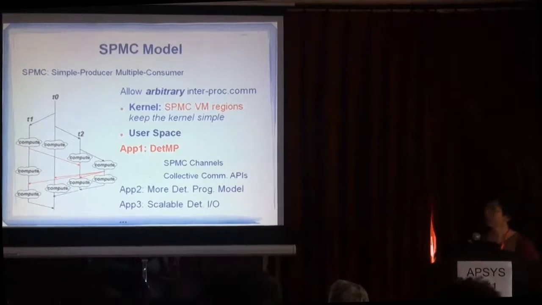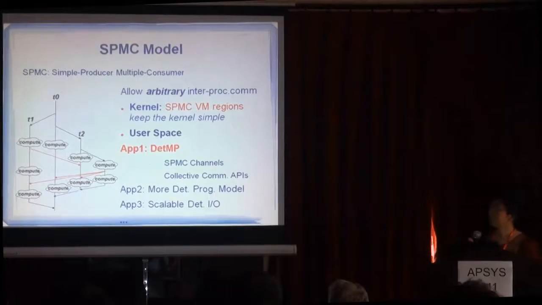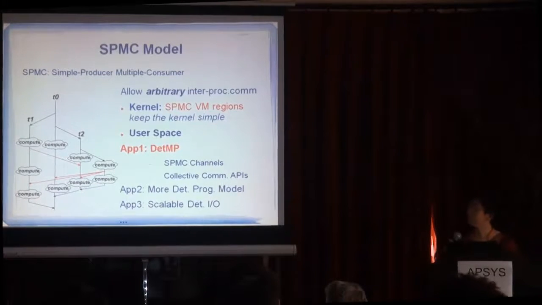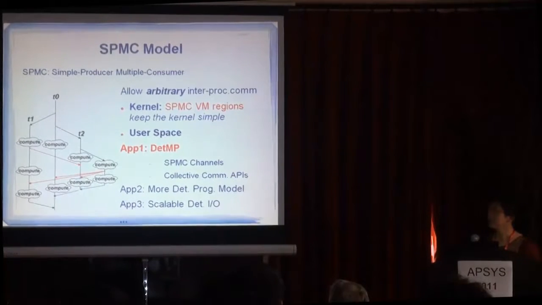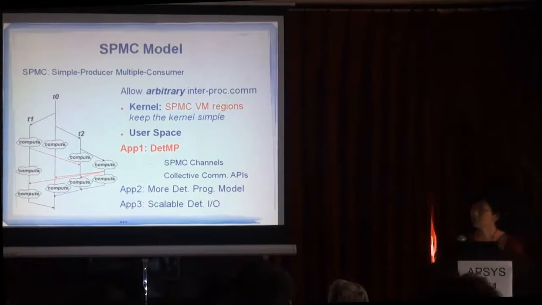The goal of this model is to allow arbitrary inter-process communication while preserving deterministic parallel execution. The core part of the model is the SPMC virtual memory region primitive at kernel level. We also keep the kernel simple. This is our design purpose.